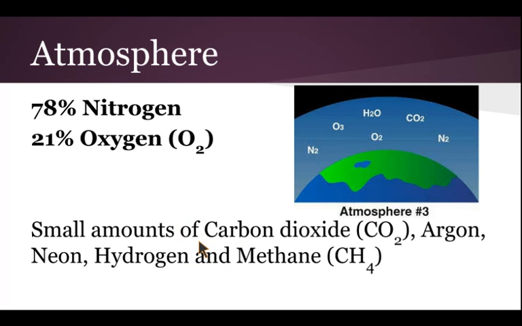Our atmosphere, which is the gases outside of our solid Earth, we have about 78% nitrogen and only 21% oxygen, which might be surprising because we need oxygen to survive, but the majority of it is actually nitrogen. We also have small amounts of other gases like carbon dioxide, which is CO2, argon gas, neon, hydrogen, and methane.